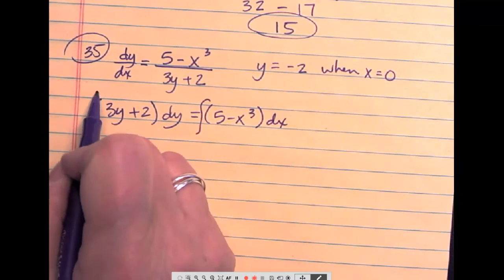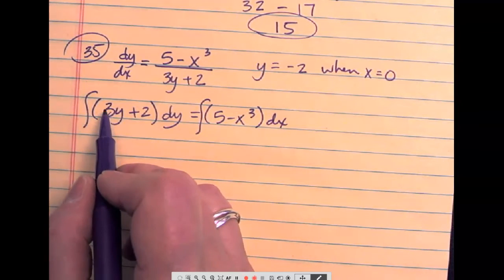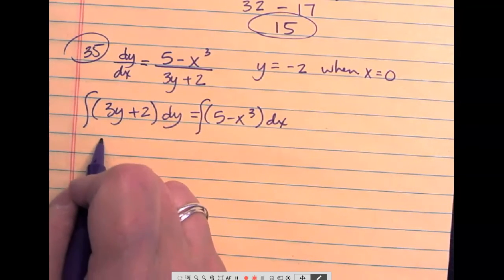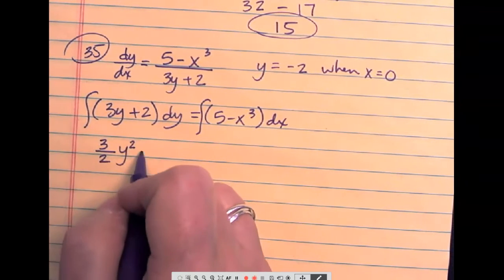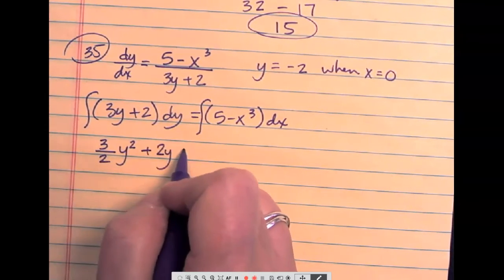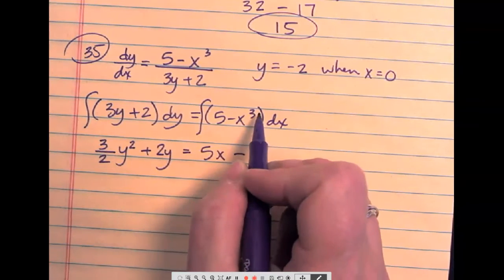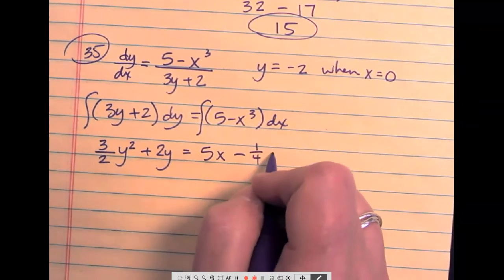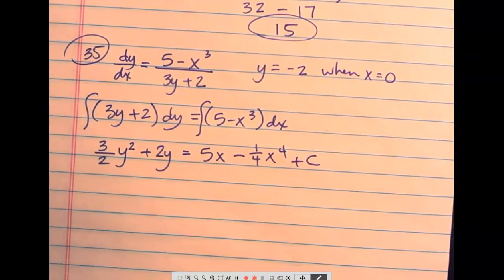I'm going to integrate. That becomes 3y squared over 2, minus 2y, equals 5x to the 4 over 4, and put your plus c over there with the x, because our goal in the end is to solve this thing for y.